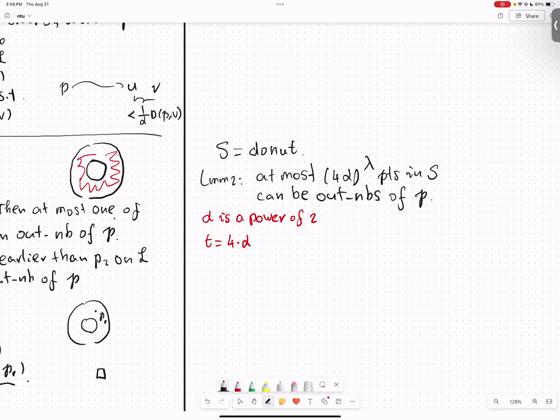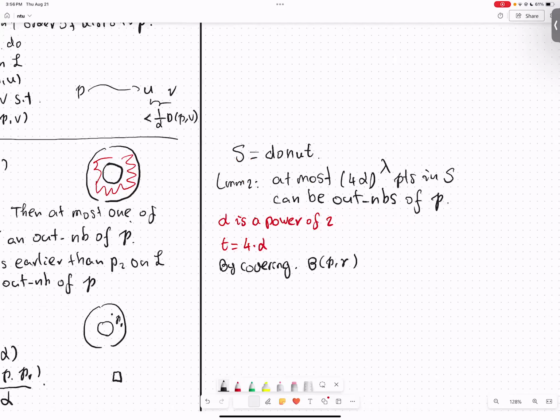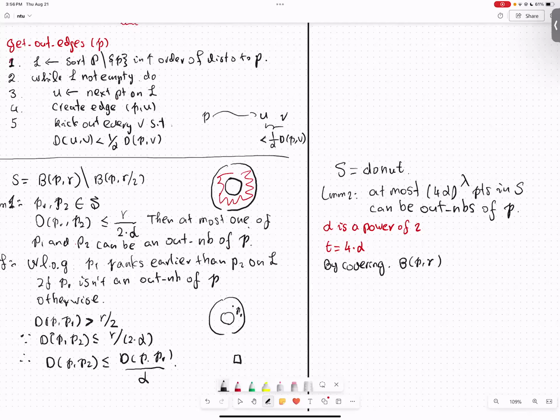So by the covering lemma, we know that this B(P, R), so don't forget the look of the donut, is the larger ball, and inside the ball, that's R over 2. So this B(P, R) is covered by t to the power of lambda balls of radius R over t.